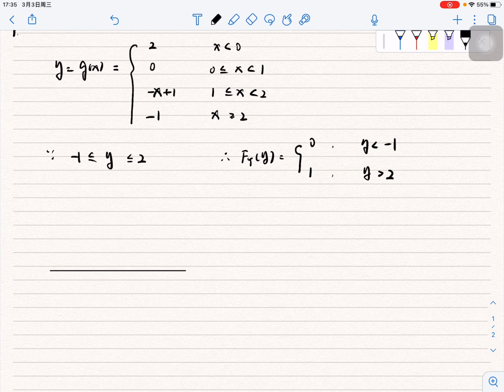Here we can draw the picture of the function of g(x). Here we have minus 1, 1, 2 and minus 1, 1, 2.